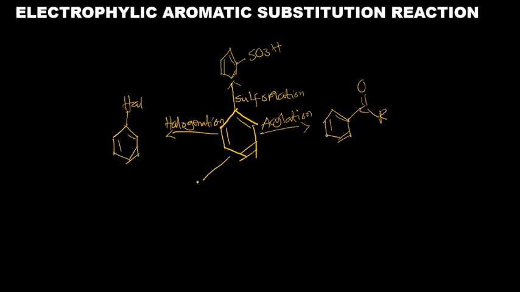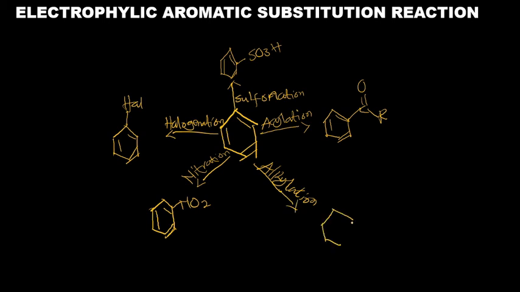So let me put it here. We have NO2 attached to it, and we also have alkylation, which will give us a benzene with an R group attached to it, R for the alkyl group.